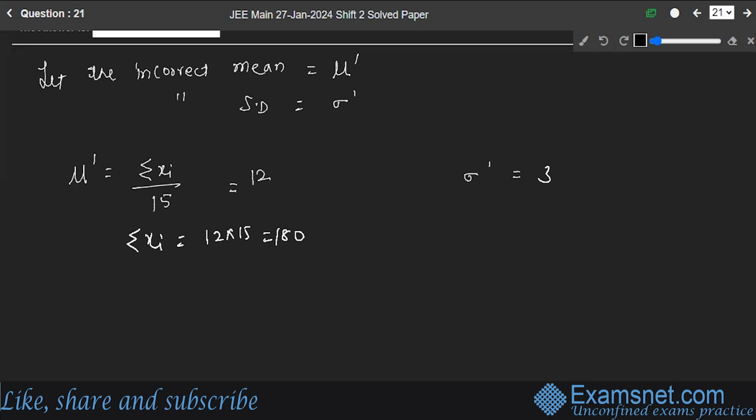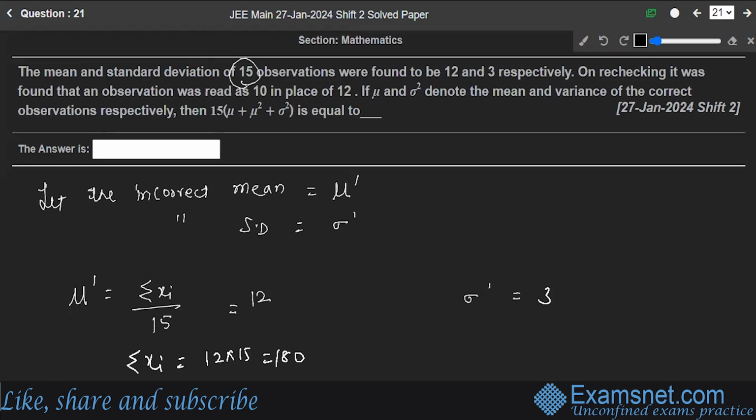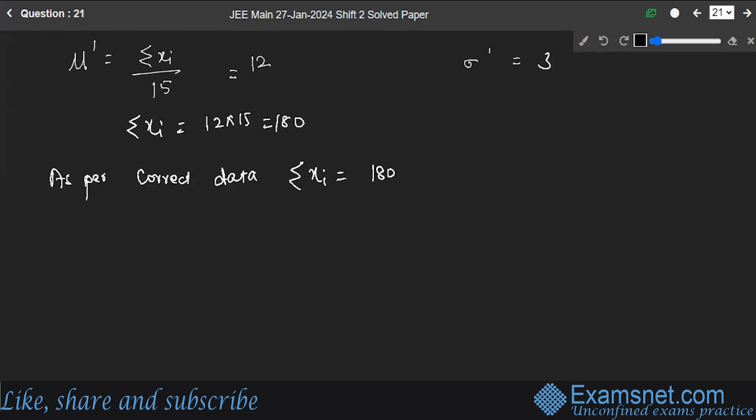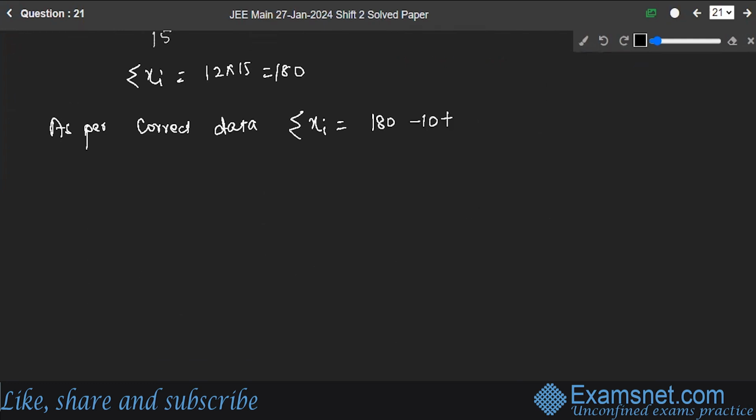Now, as per the correct data, what should sigma xi be? It was read as 10 in place of 12. So this is the correct and this is the incorrect observation. So I will subtract this 10 and add that 12. This will be equal to 182. Now, what will be the correct mean?